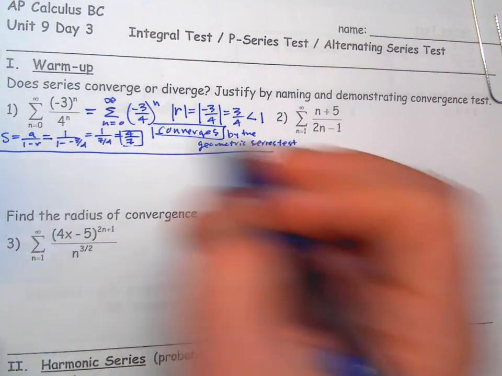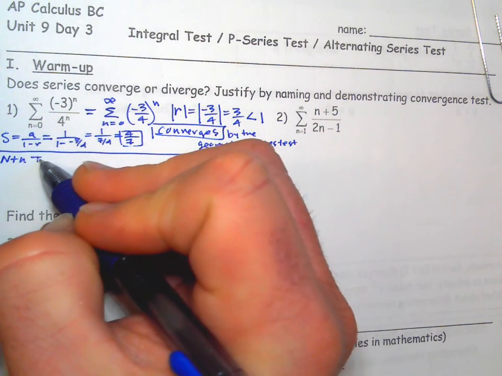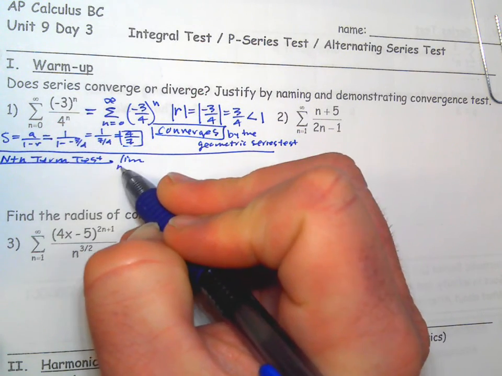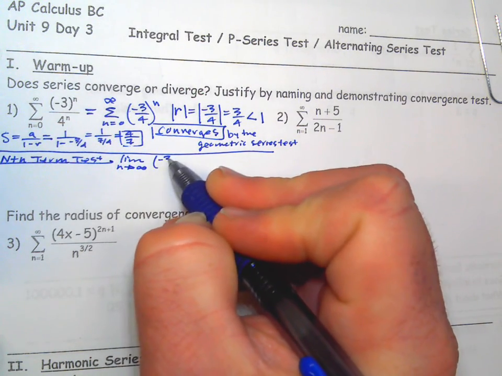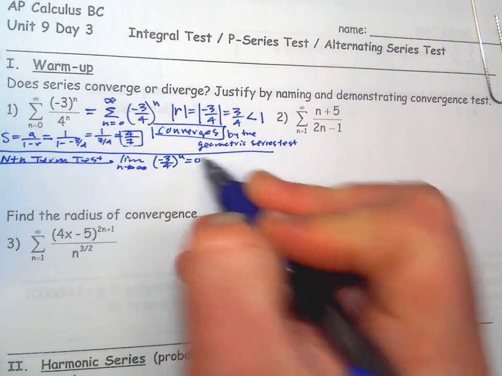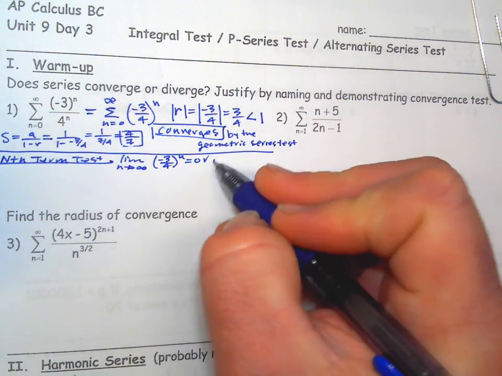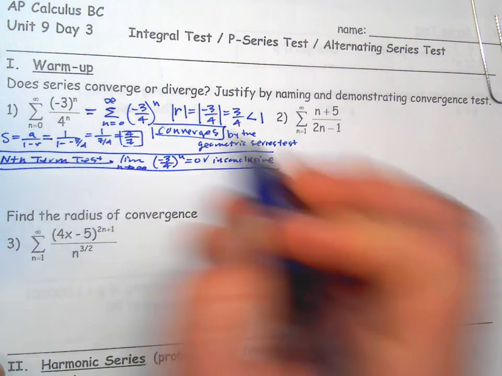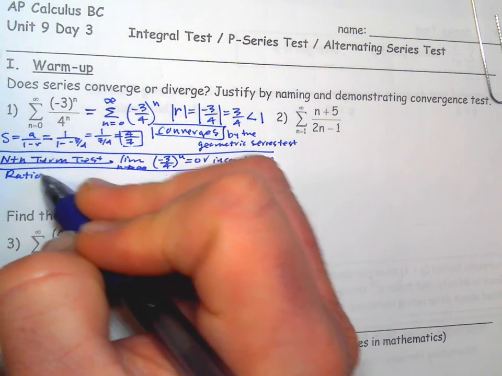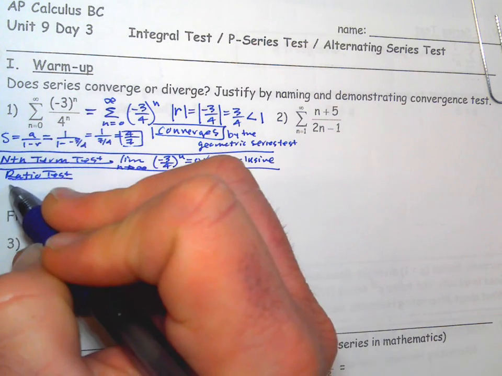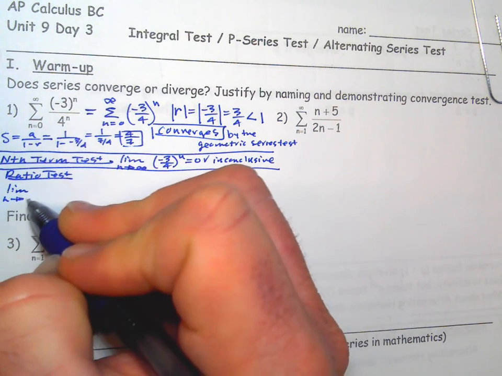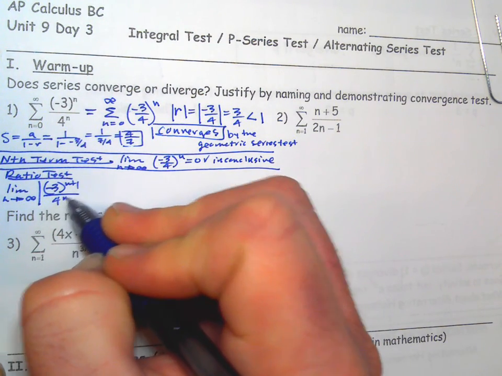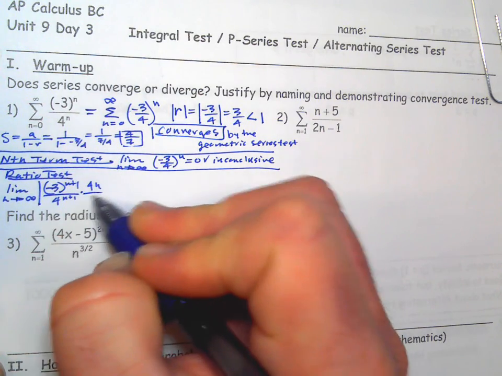Okay, but we could also try the nth term test, which is the limit as n goes to infinity of this. Now, this will go to 0 because you're multiplying by a fraction, but that is inconclusive. Okay, and ratio test, which is the limit as n goes to infinity of the absolute value of negative 3 to the n plus 1 over 4 to the n plus 1 times 4 to the n over 3 to the n.